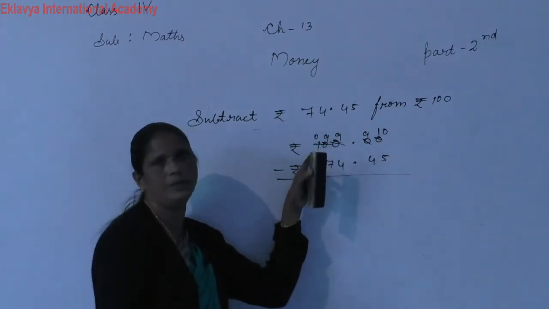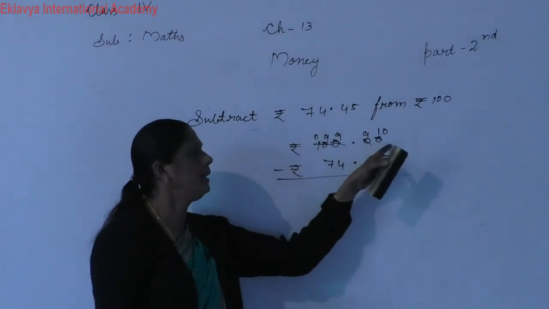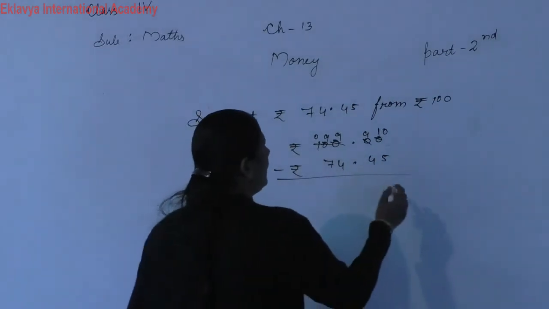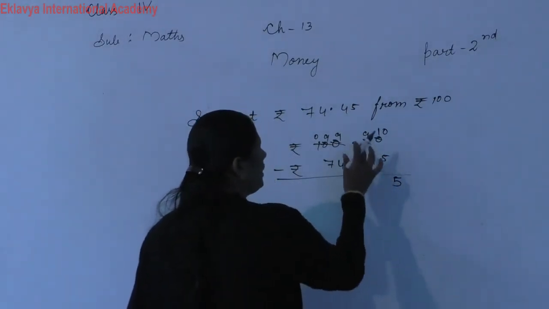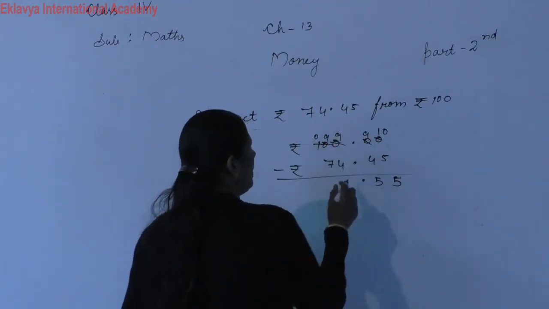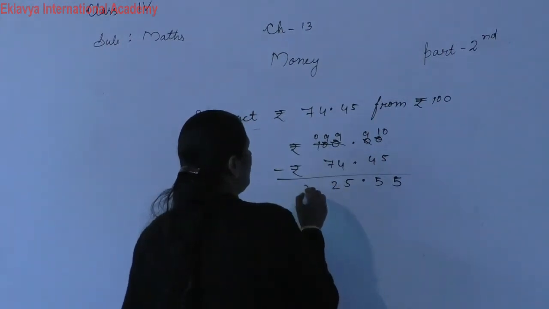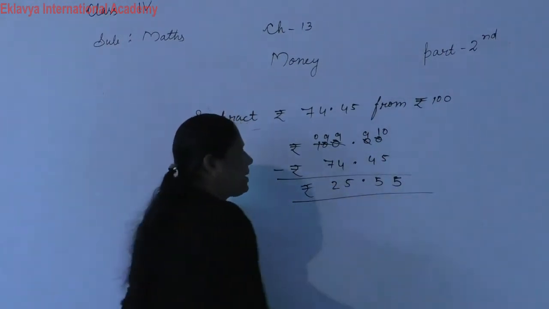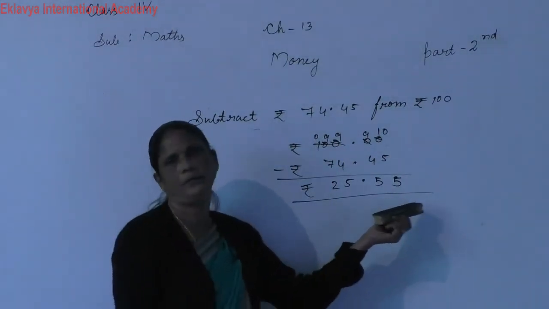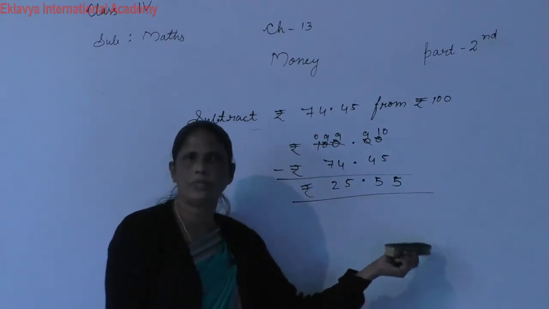We borrow from the first digit, then this becomes 0, then 9, 9, 9, and then 10. Now we subtract: 10 minus 5 is 5, 9 minus 4 is 5, 9 minus 7 is 2. Then put the rupees sign: rupees 25.55. That is rupees 25 and 55 paise.